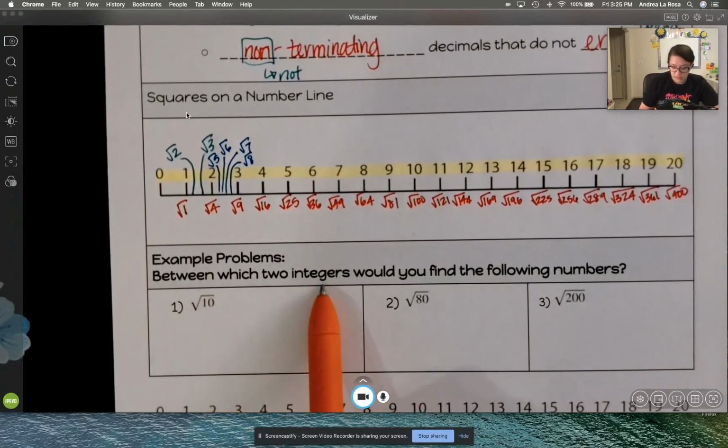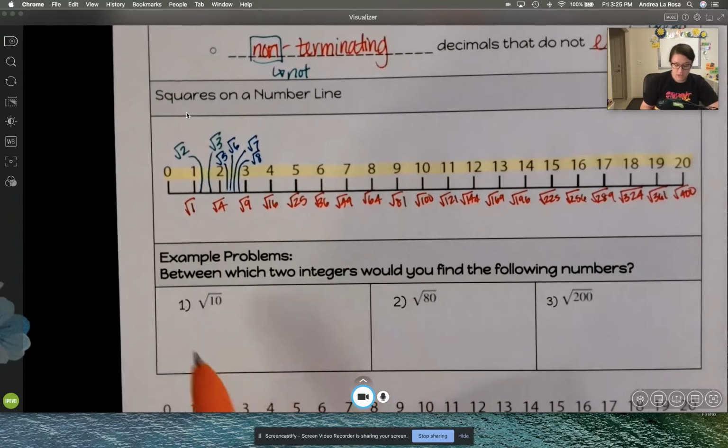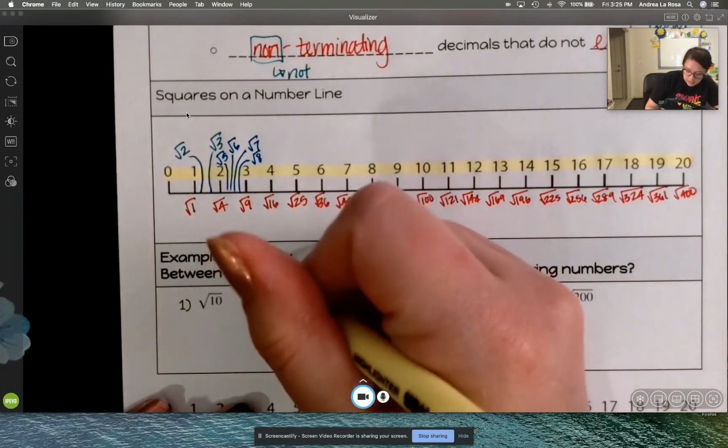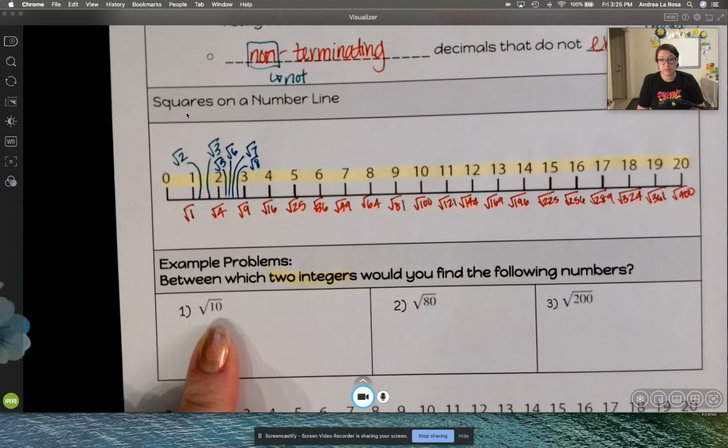Between which 2 integers would you find the following numbers? For problem number 1, they want me to know between which 2 integers. Again, those integers are the numbers that are in yellow. Between which of those 2 numbers would we see the square root of 10?